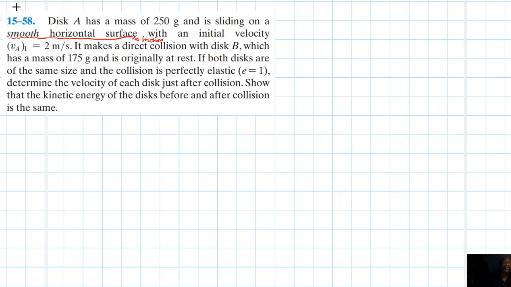So we can think of this as disc A. Then let's think of this as a surface. Let's say it is sliding in this direction, like so, and it is moving at an initial velocity, we call this VA1, equal to 2 meters per second.